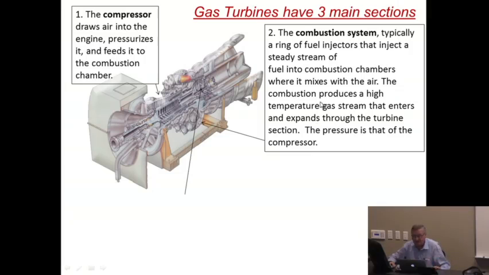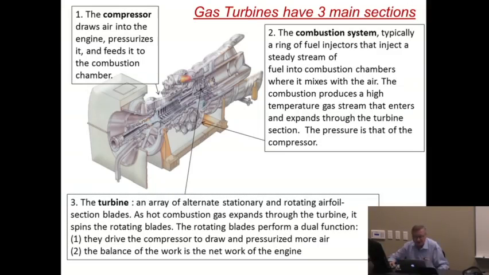That then creates a flame that increases the temperature of the gas. The gas in the combustion chamber, of course, is at the pressure at which it was introduced by the compressor, and it's going to also be the same pressure as we have in the first stage of the turbine, the next stage. But what changes is the temperature and therefore the enthalpy.